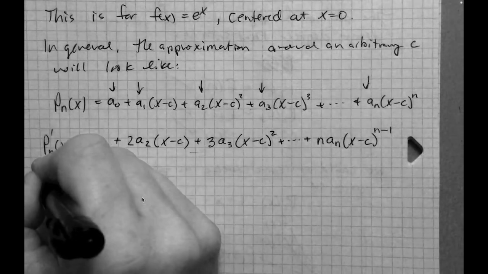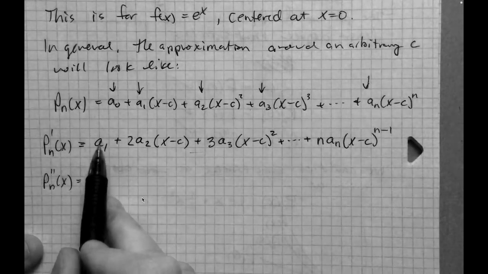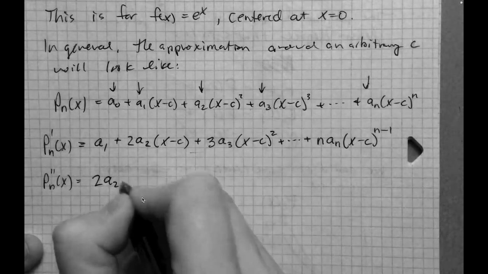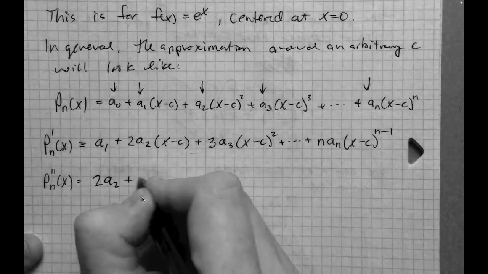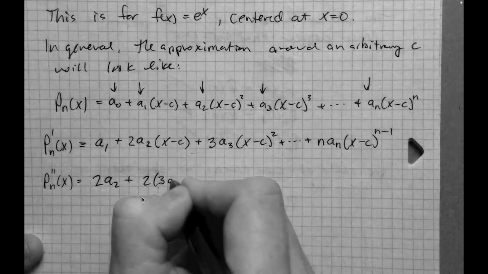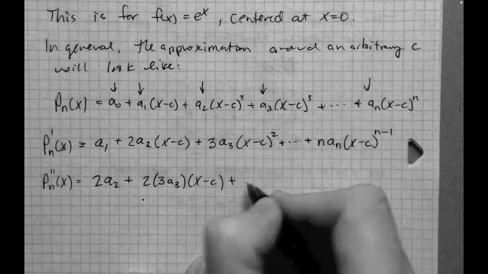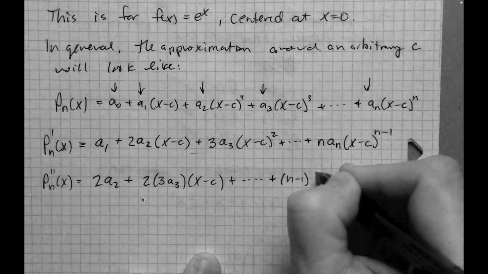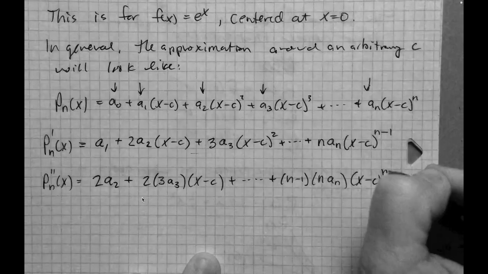What about the second derivative? Again, the first term is 0. So we start with 2 a sub 2, and then that is just 1 when you differentiate. And then it's 2 times 3a3 times x minus c, plus dot dot dot, plus n minus 1 times n times a sub n times x minus c to the n minus 2.